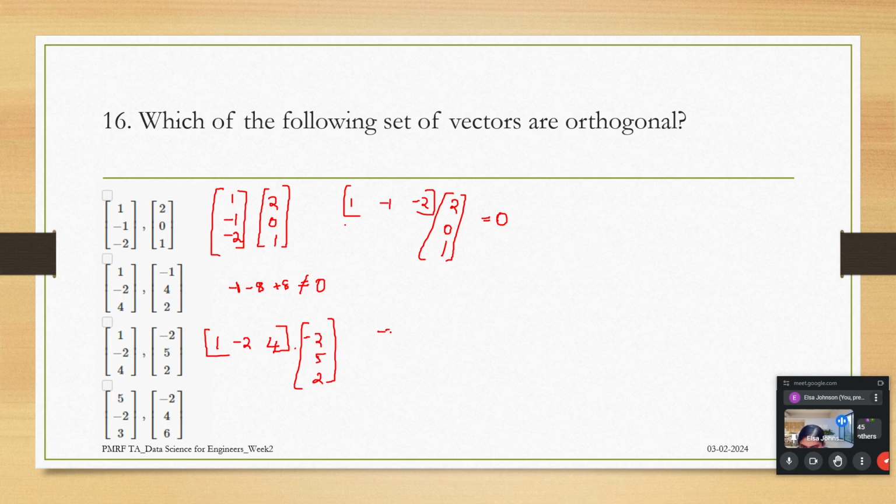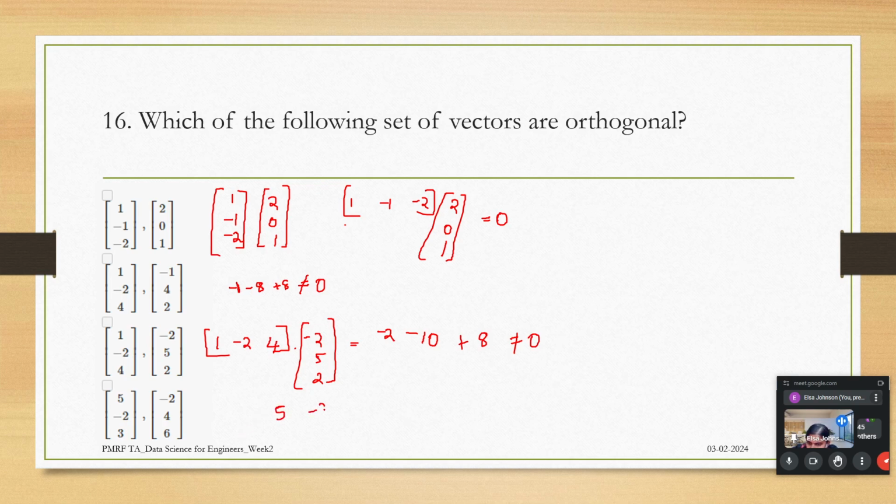So minus 2, minus 10, plus 8. Like this you are getting, right? Minus 2 minus 10 plus 8, so the answer will not be 0, right?